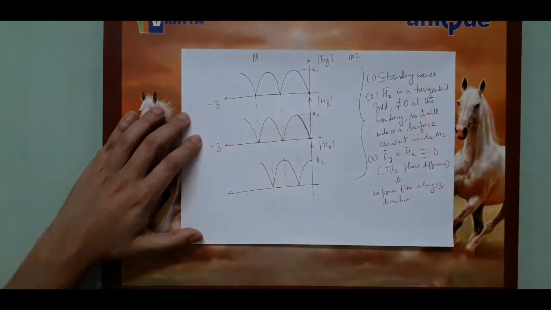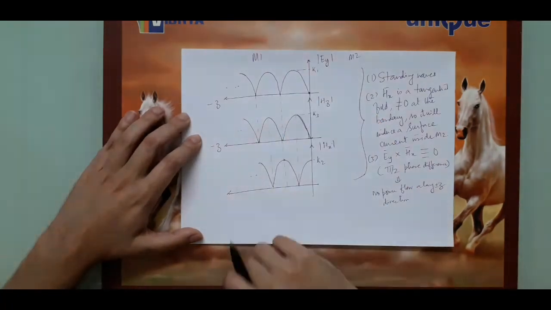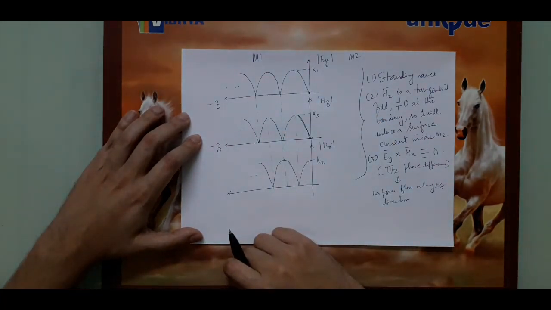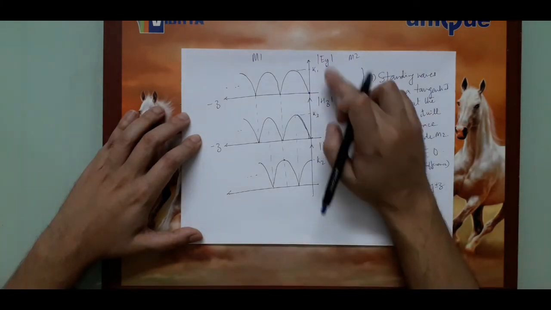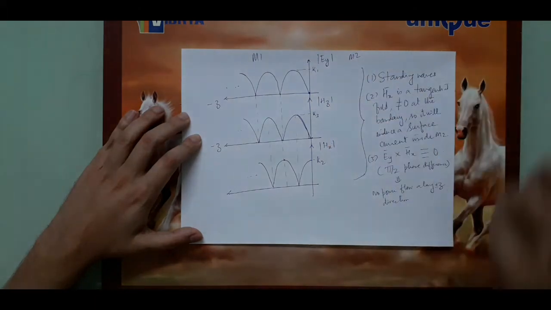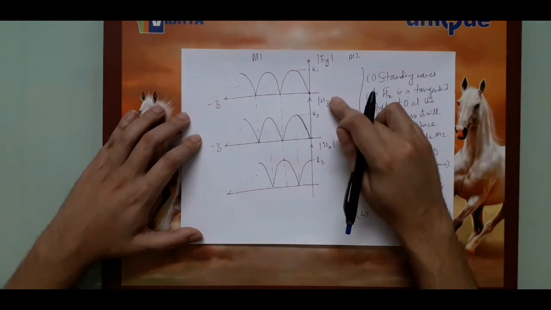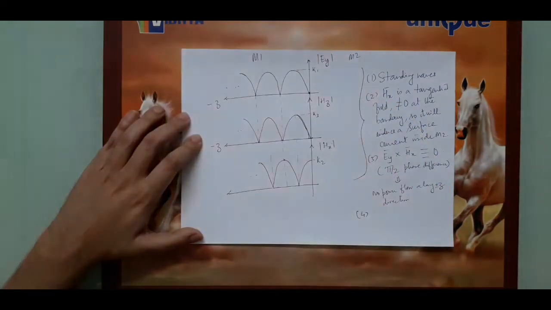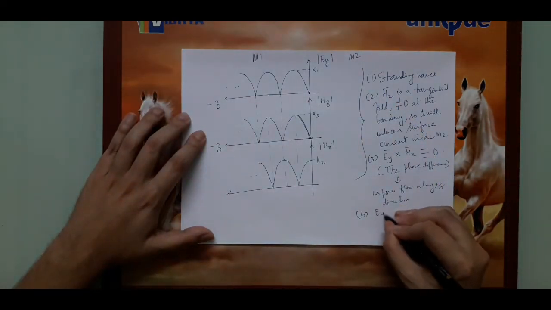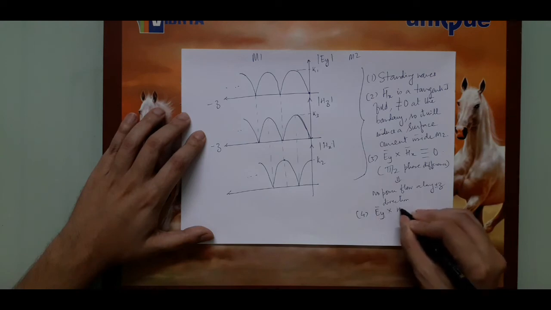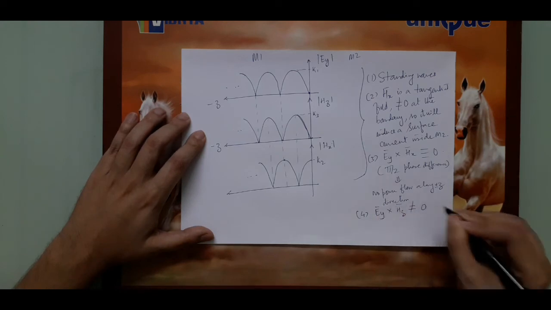What about Ey and Hz? Ey and Hz fields are in phase. So they will constitute some power. So Ey and Hz are non-zero. That means as per Poynting's theorem, the power will flow, but along which direction? Along the x direction. So Ey cross Hz is non-zero.